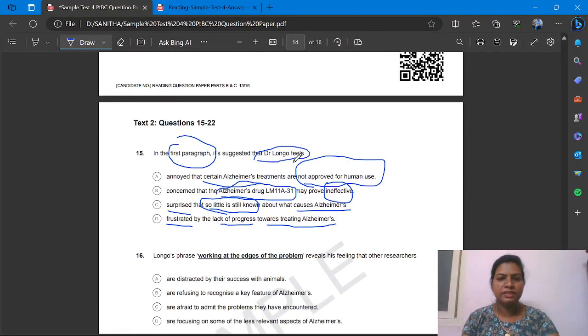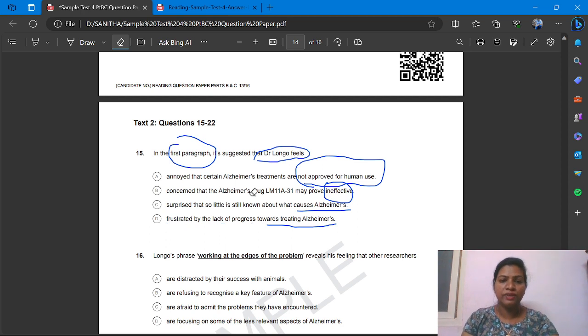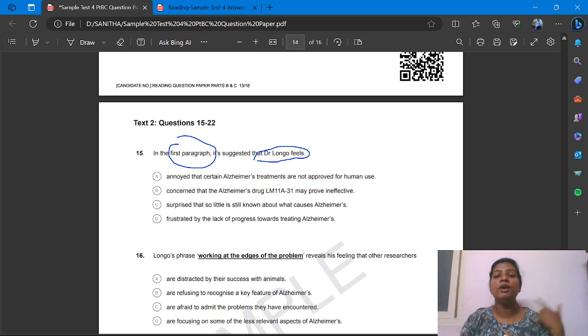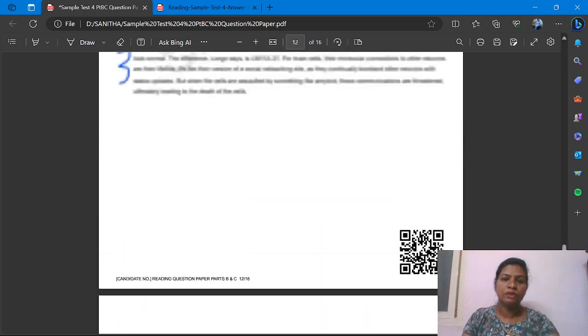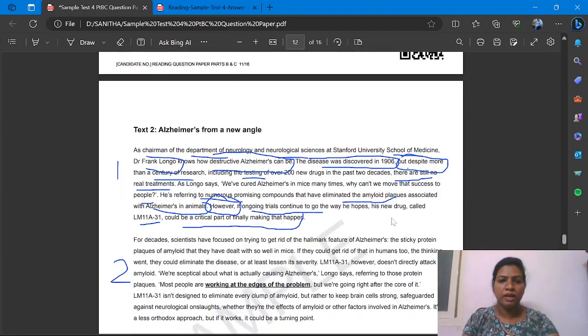The first option suggests Longo is annoyed that certain Alzheimer's treatments are not approved for human use. Is it anywhere saying he was annoyed? Annoyed means angry. Annoyed that certain Alzheimer's treatments are not approved for human use. Just go through paragraph one. Is it anywhere saying that?